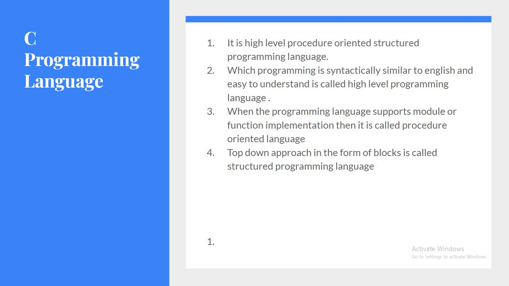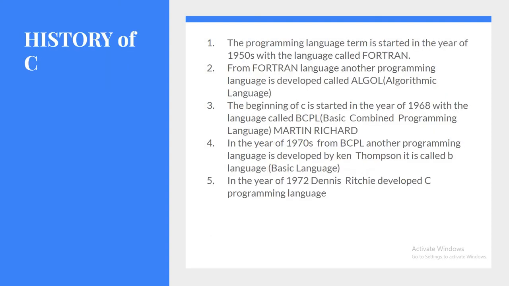C follows the top down approach in the form of blocks, so it is called a structured programming language, because C executes from top to bottom, line by line. That is a top down approach, unlike C++, which is a bottom up approach. So C is a top down approach.